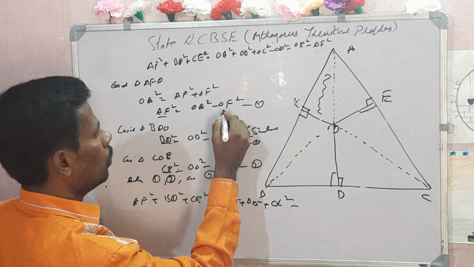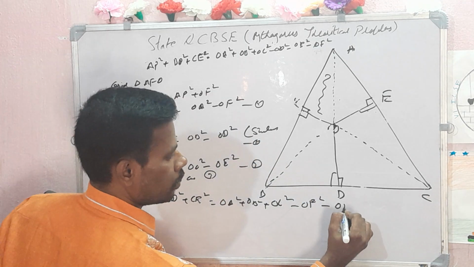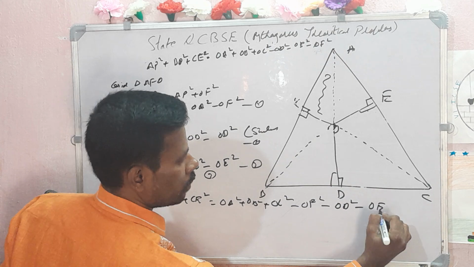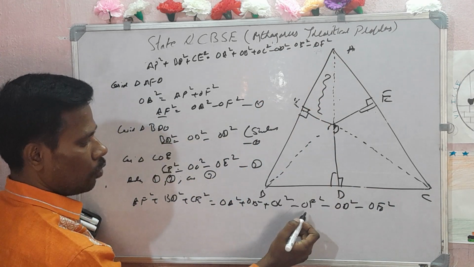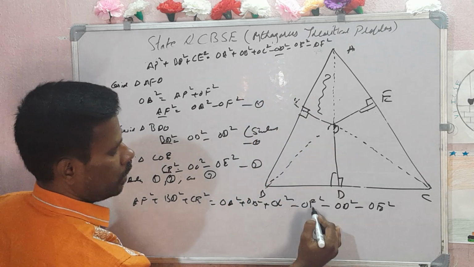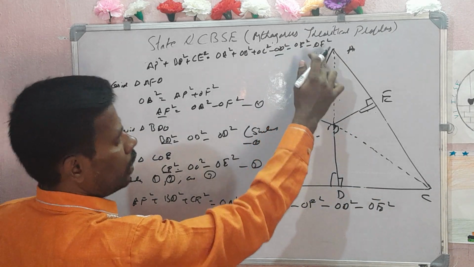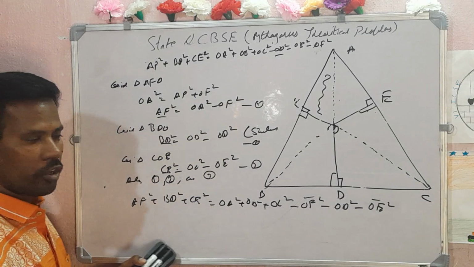Minus OF square minus OD square minus OE square. See here, OD square is there, OE square is there, OF. So the first part is over.